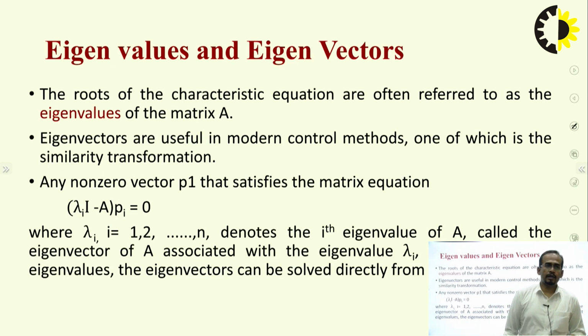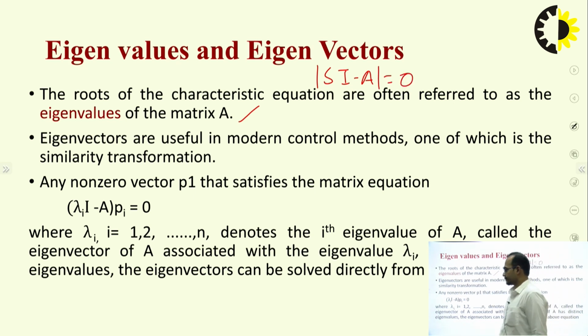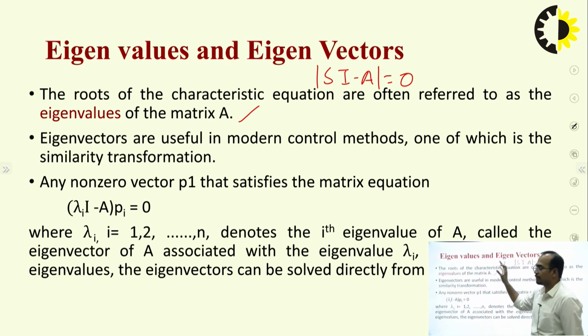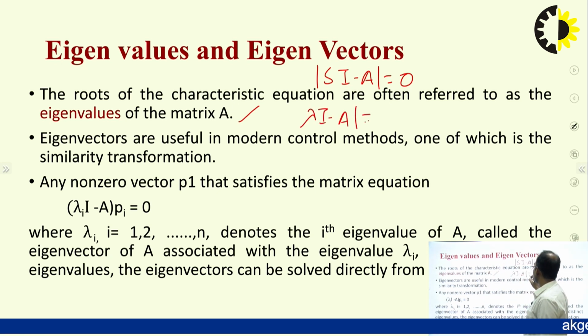Now, eigenvalues and eigenvectors. The roots of the characteristic equation are often referred to as the eigenvalues of the matrix A. Now, what is the characteristic equation? The characteristic equation is |sI - A| = 0. Here I am not interested especially in the state space model, so I can consider the characteristic equation as |λI - A| = 0.